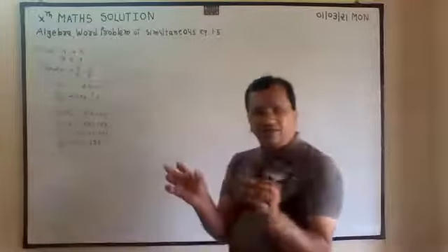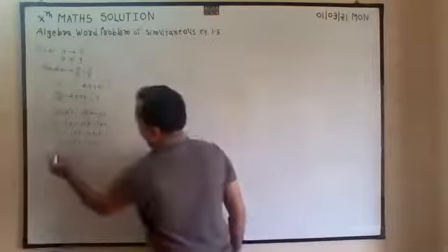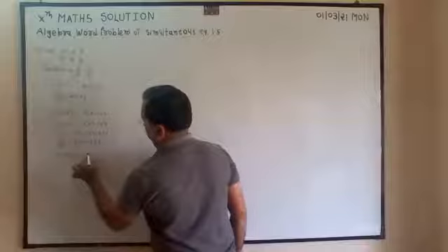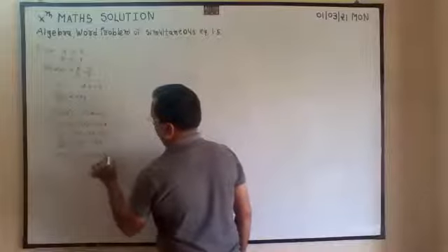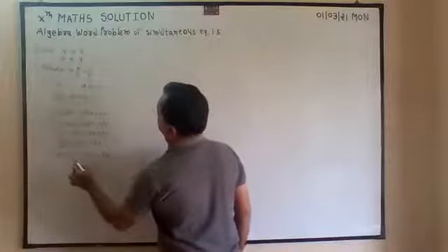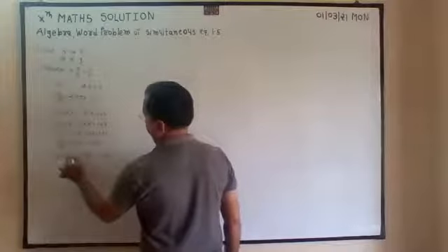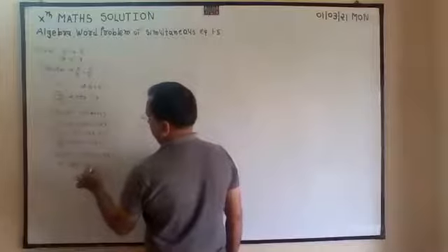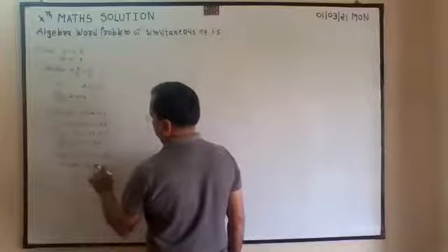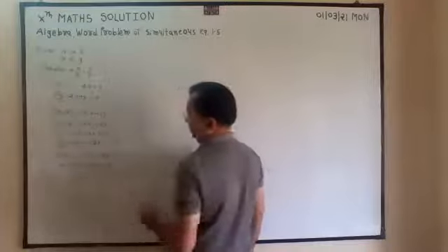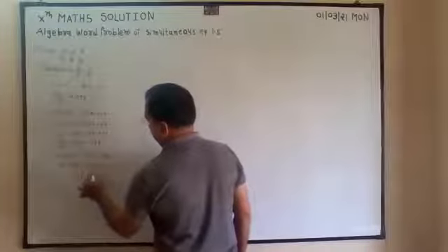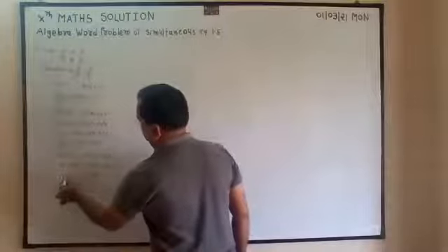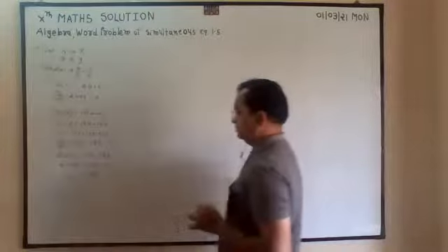So both are the values of y, so you can write them equal. 2x plus 4 equals 12x minus 132. 132 goes this side. So 4 plus 132 is equal to 12x minus 2x. So it is 10x, and this is 136.